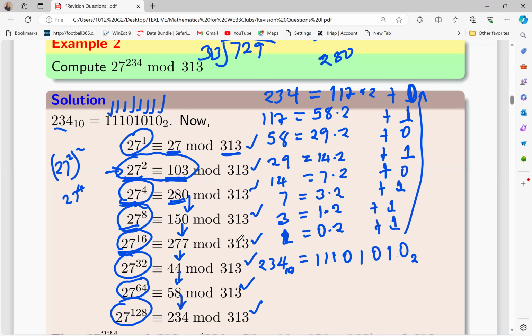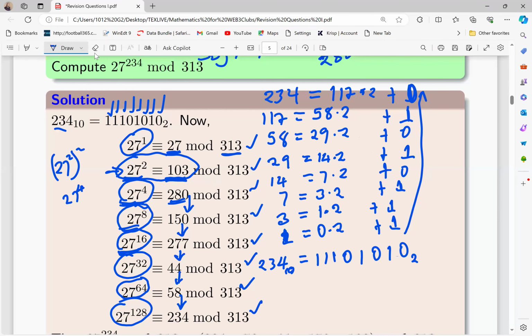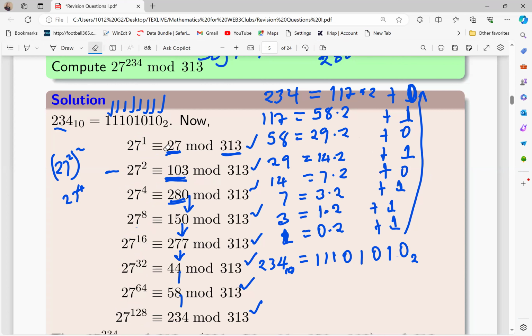Let me just erase, and then we see how we can write the answer from here without complications. Once you've done this, go back to your binary number. The binary number will guide you on what to pick and multiply.